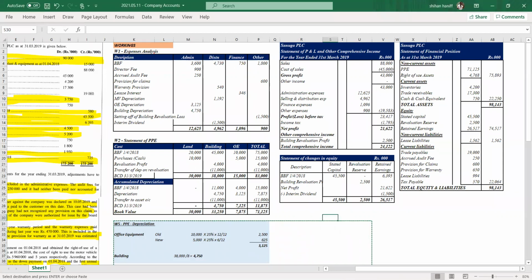Other than that, we have to show some notes. After the statement of financial position, you can write a heading note. Note number 1.